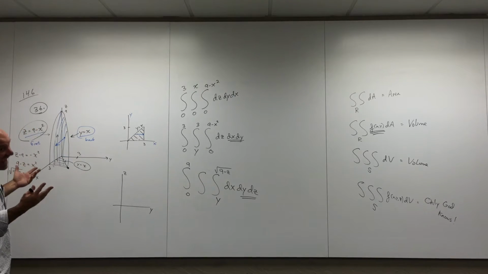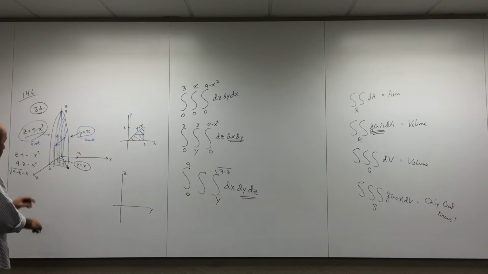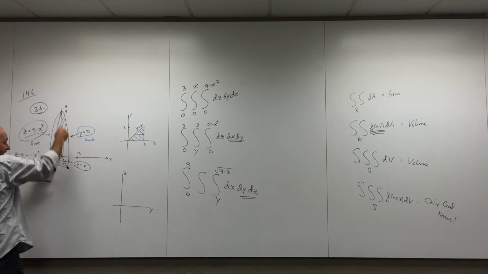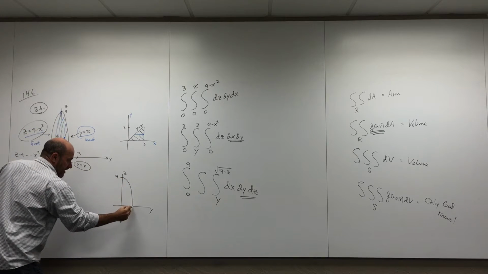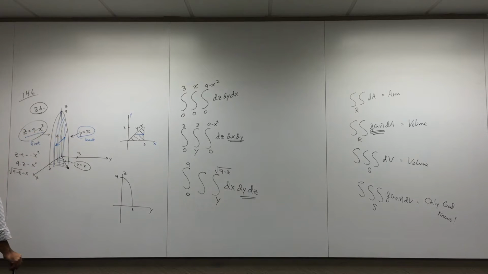Okay, well then it's the shadow of this thing in the YZ plane. And I think it would be this. Will that be the shadow back there? I think so. This curvy wall would throw that shadow on there. Wow.